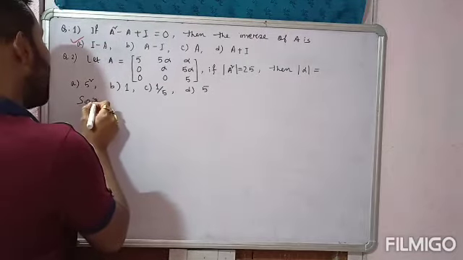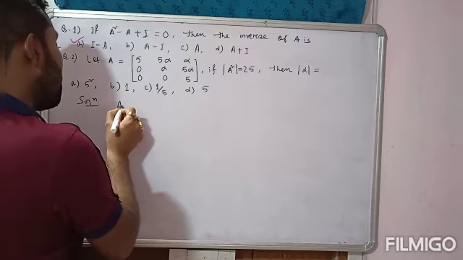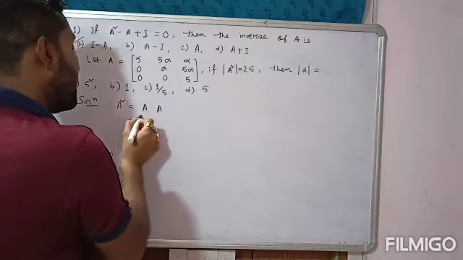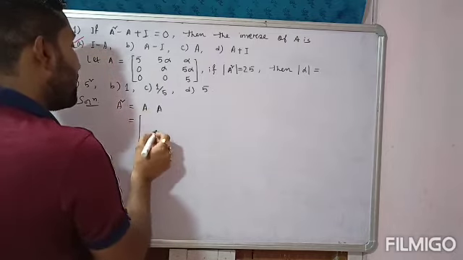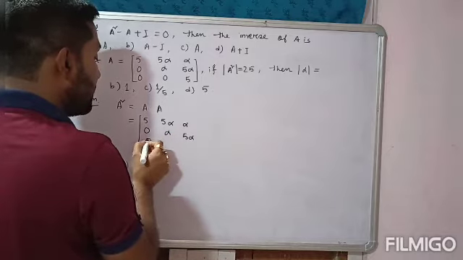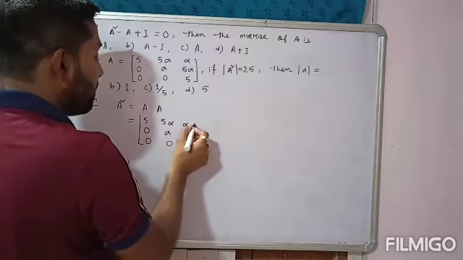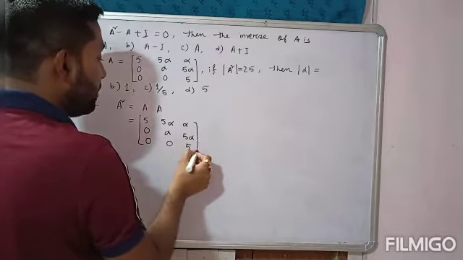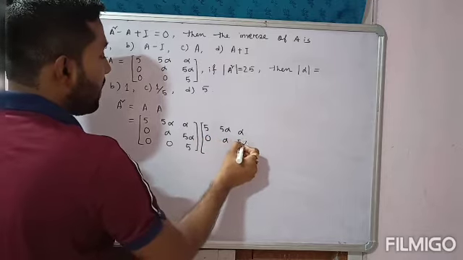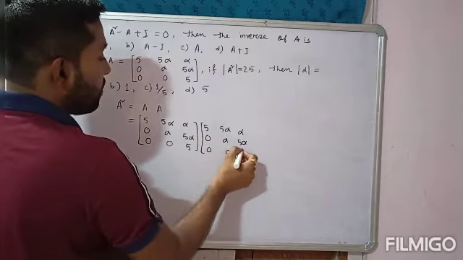A square is equal to A into A. Put the value, 5 alpha, 0 alpha, 5 alpha, 0 0 5 into 5 alpha 0 alpha 5 alpha 0 0 5.